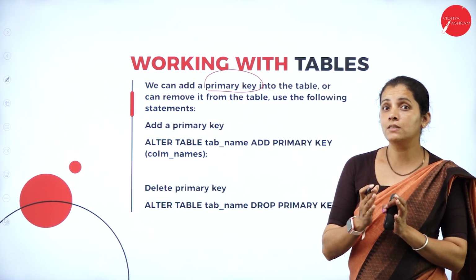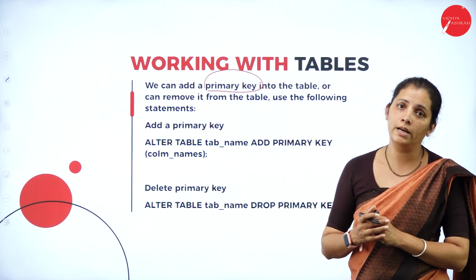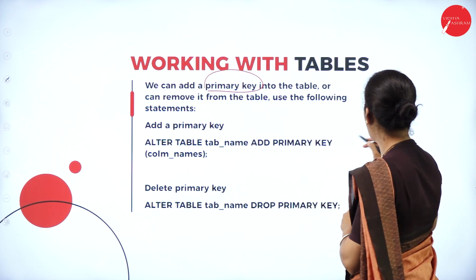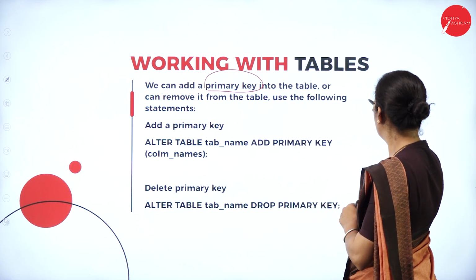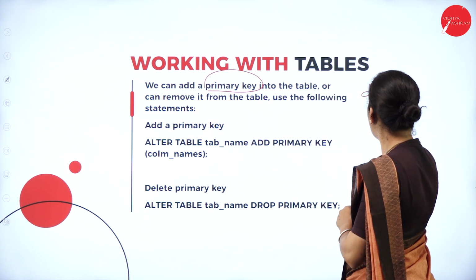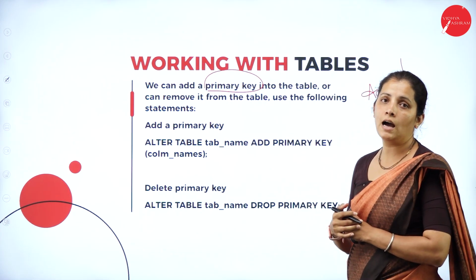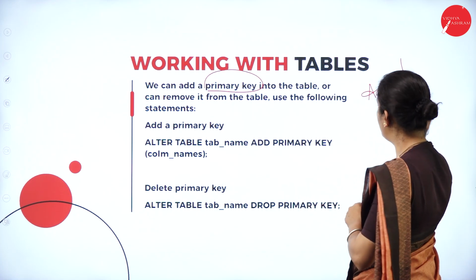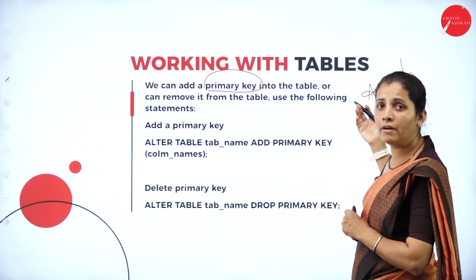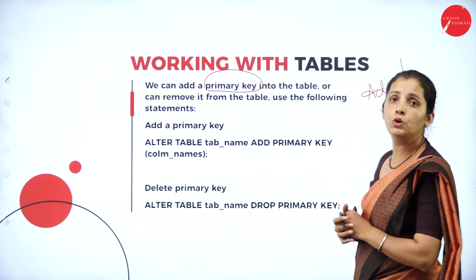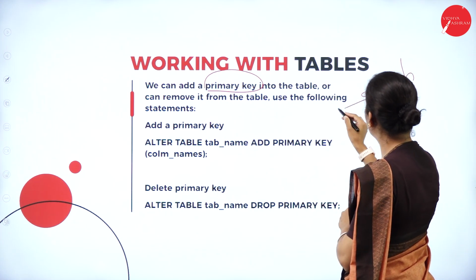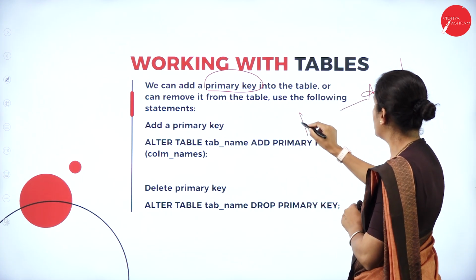In my class, I have 3 members whose name is Adarsh. So how am I going to identify the names uniquely? For that I'm going to have the primary key.